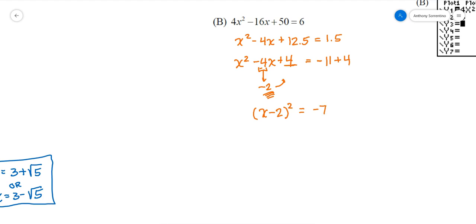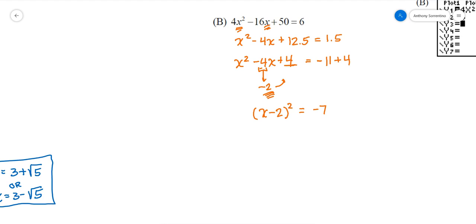Again, the whole premise behind doing this is it turns a situation where I have an x squared term and an x term, which is a non-basic quadratic equation, into a basic quadratic equation where I could just use basic solution techniques to solve it, basically undoing your order of operations.